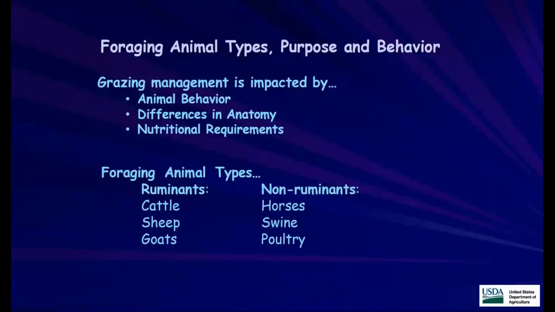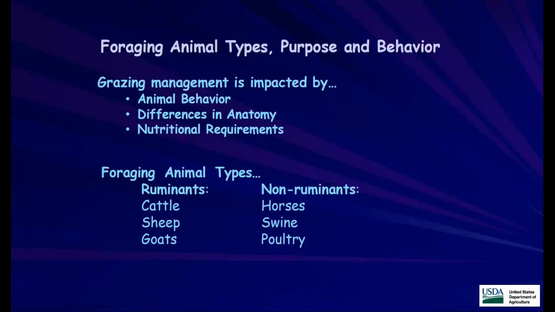So anyway, just quickly, grazing is really impacted by animal behavior because different types of animals graze differently, have different preferences for what they're grazing. Some of that has to do with differences in anatomy, and some of it has to do with differences in nutritional requirements. We have different types of foraging animals. We have ruminants and we have non-ruminants, and I'm going to talk a little bit about those differences here in a minute. But basically our ruminants are cattle, sheep, and goats. Non-ruminants are horses, swine, and poultry.